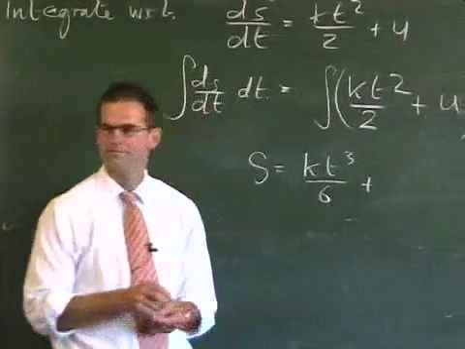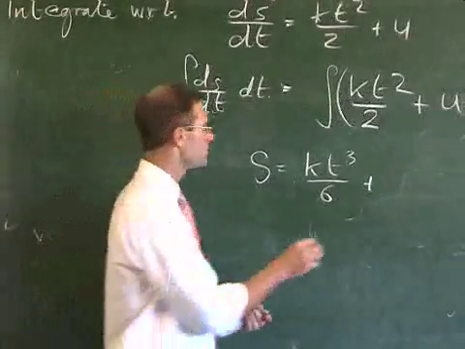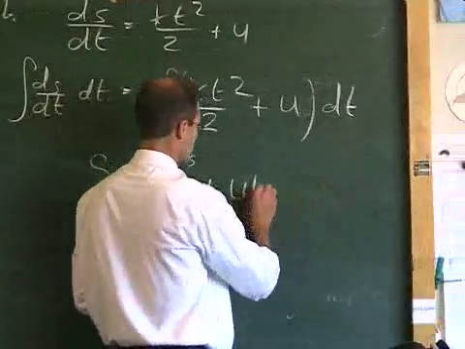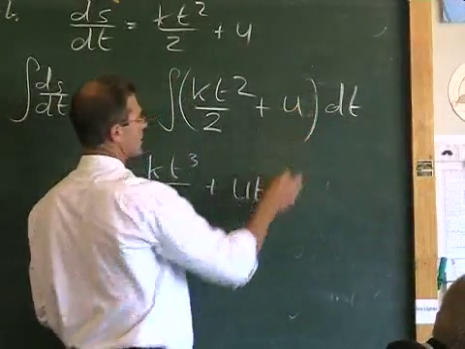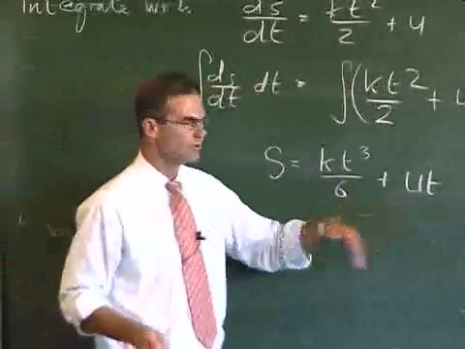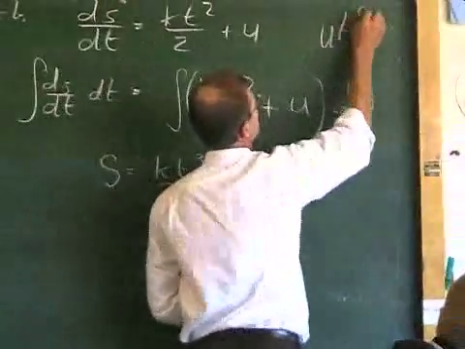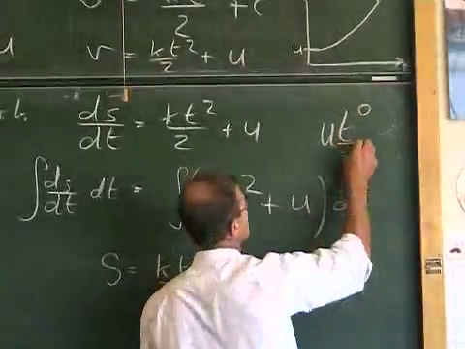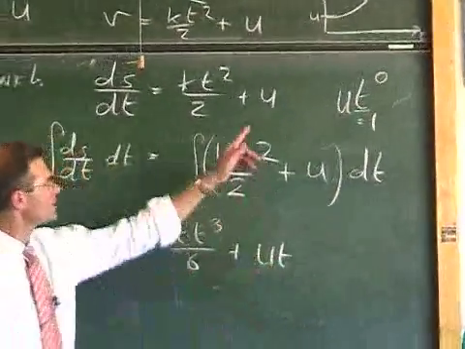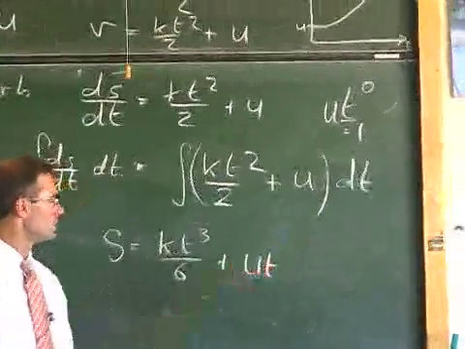Anna? Yeah, so it's u times t. A constant in an integration is effectively u times t to the power 0, because that's equal to 1. So raise that power, it becomes t to the power 1, which is just t.